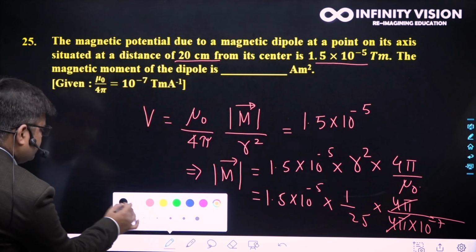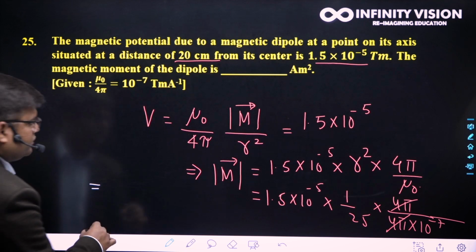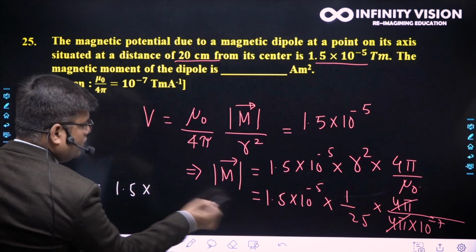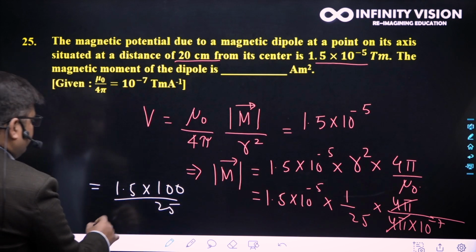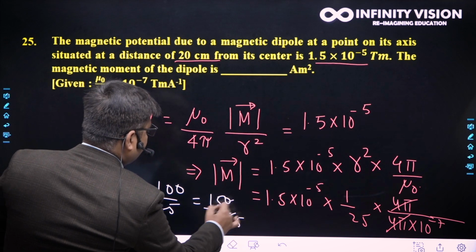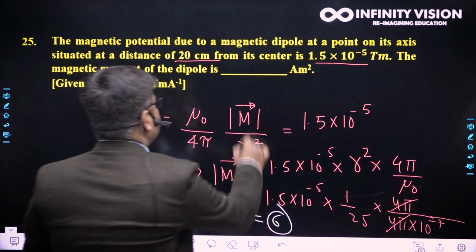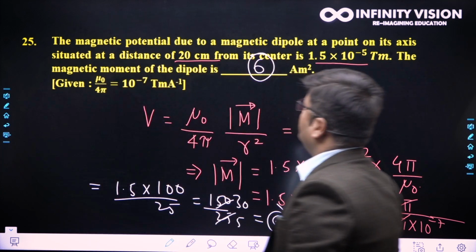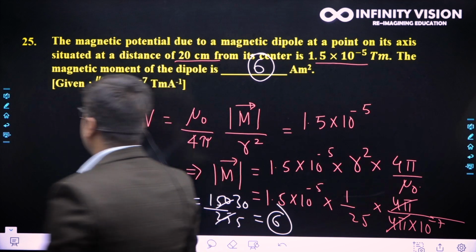So the final expression will be 1.5 into 100 by 25. So this will be 150 by 25, which is 6. So the correct answer will be 6 ampere meter square. So the value of magnetic dipole moment will be 6 ampere meter square.